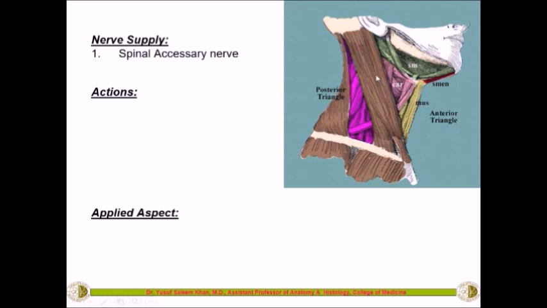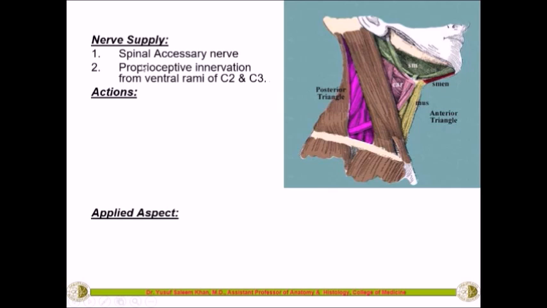So here in the picture you can see the sternocleidomastoid muscle. The nerve which supplies the sternocleidomastoid also supplies a muscle in the back, this big muscle called the trapezius. So you should remember that the same spinal accessory nerve supplies the sternocleidomastoid as well as the trapezius.